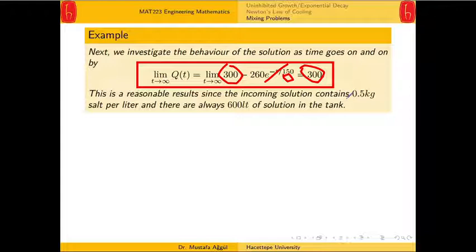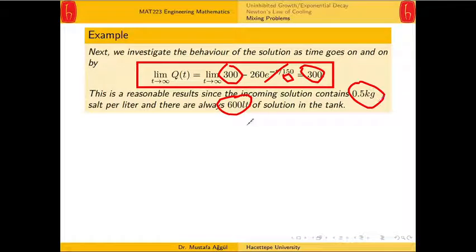Okay, then we need to compare these results with the density of the incoming solution. The incoming solution contains 0.5 kilogram of salt per liter, and the tank itself is 600 liters.